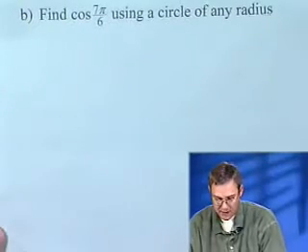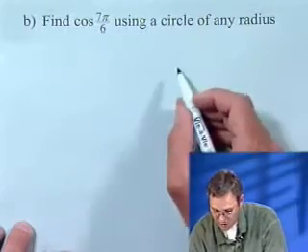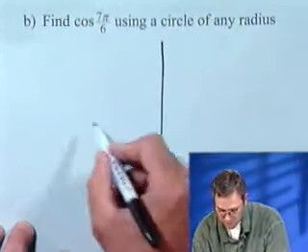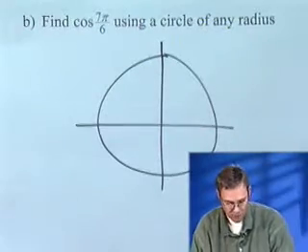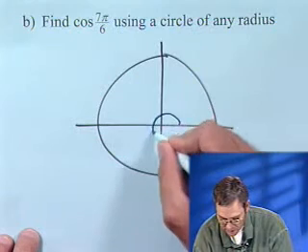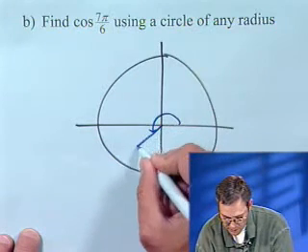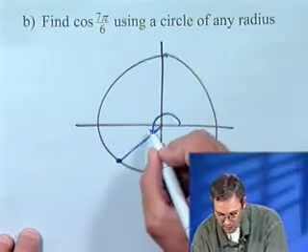Let's find the cosine of 7 pi 6 using a circle of any radius. And you'll see which radius we'll use. So here's a circle. Again, we knew that 7 pi 6 was this angle to here. So there's my angle. Remember, that little angle was pi 6.